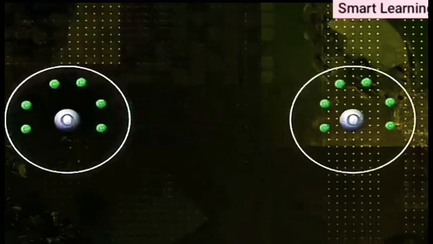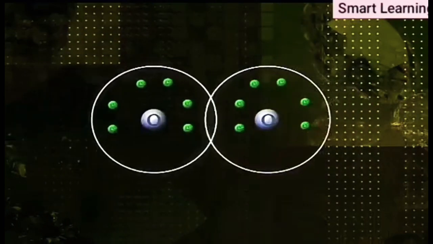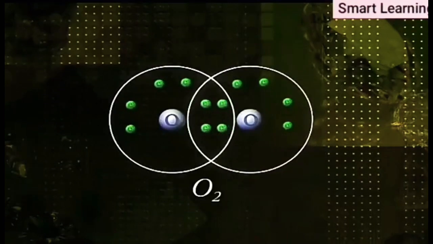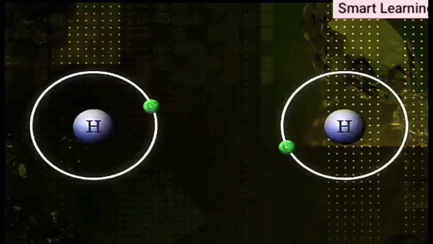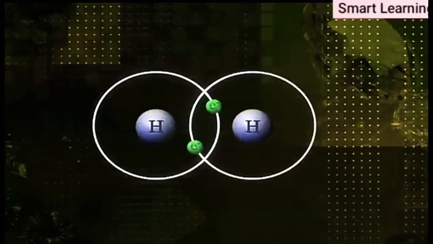So, each atom of oxygen shares 2 electrons with another atom of oxygen to form oxygen molecule. The bonds formed by the sharing of 2 pairs of electrons are called double bond. The shared electrons belong to outer shells of both the atoms and enable both the atoms to attain noble gas configuration.